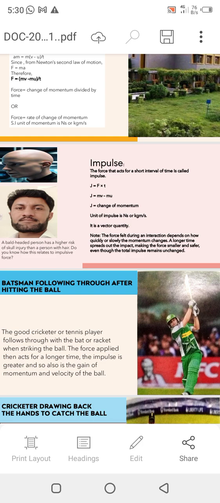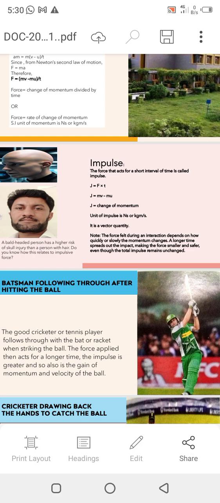So applied force is equal to the rate of change of momentum. This is the relation between force and momentum. And as you know, momentum is measured in Newton second or kilogram meter per second.